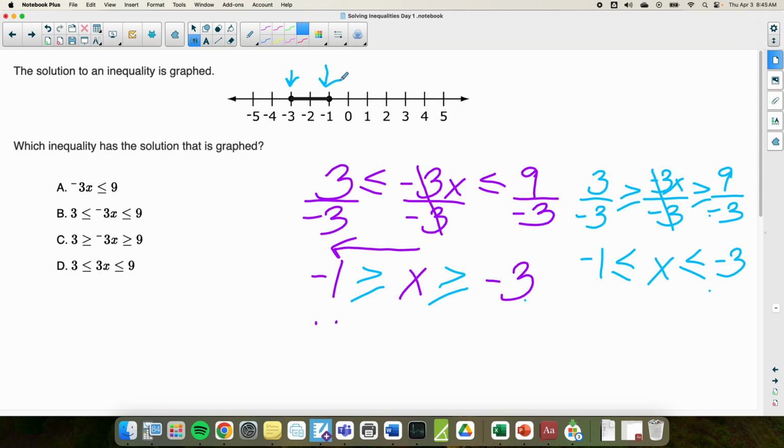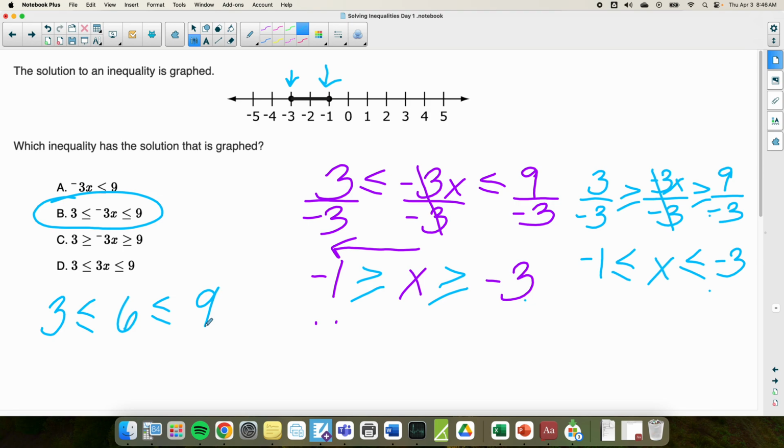Now, if you were on a test, because this was our B, and you're not quite sure if that is correct, you could try -2 in this and see if it works. Because -2 is graphed here, and you'd go 3 is less than or equal to -3 times -2, which is 6, which is less than or equal to 9. Does that work? Yes.